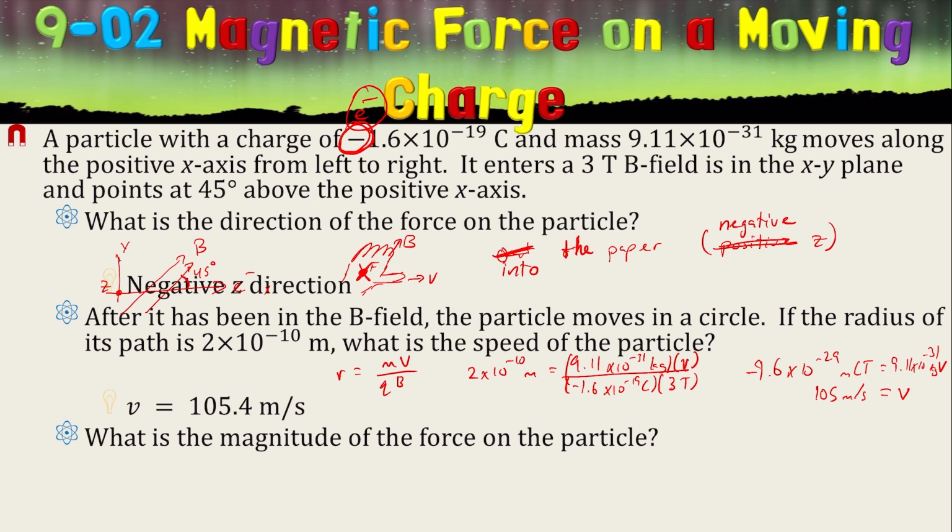Lastly, what is the magnitude of the force on the particle? Well, force is QVB sine theta. So our charge, oh yeah, what happened to my negative before? Well, we want the magnitudes here. What is the speed? We want the magnitudes. We're not worrying about our direction. Again, on this force, I want the magnitude, so I'm not going to worry about the direction.